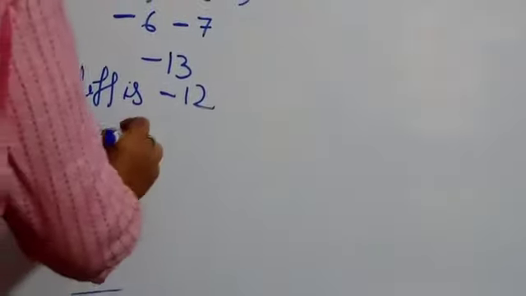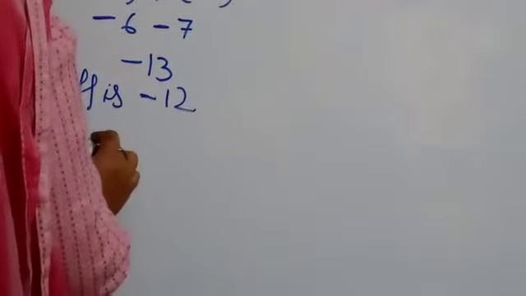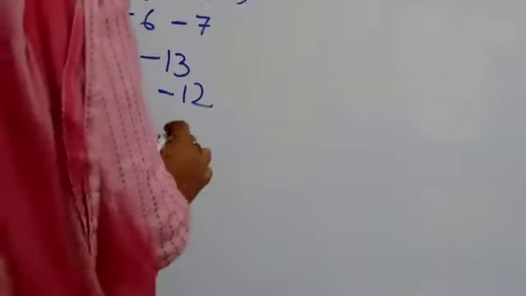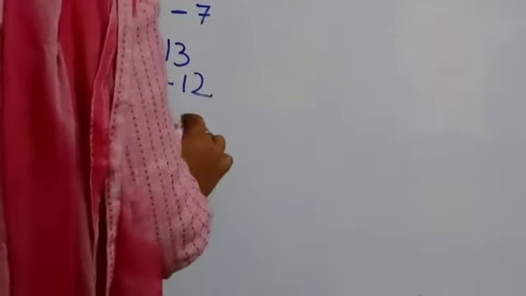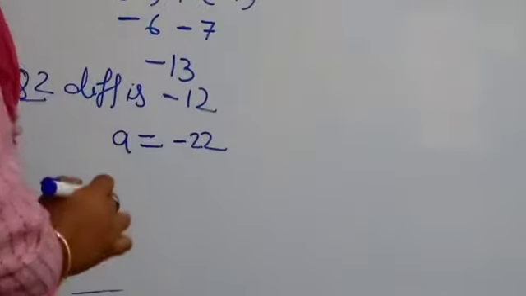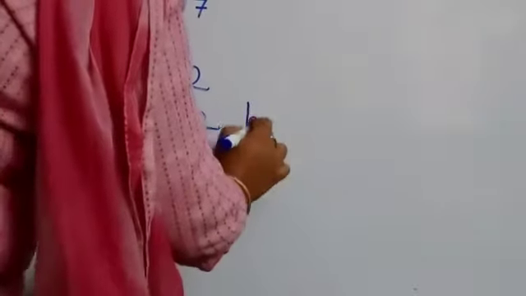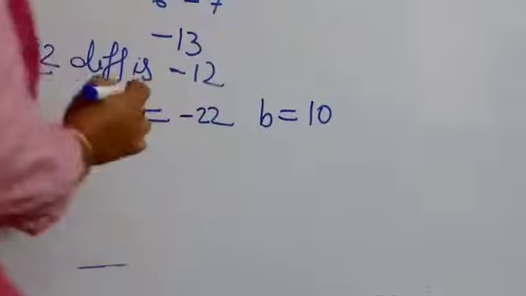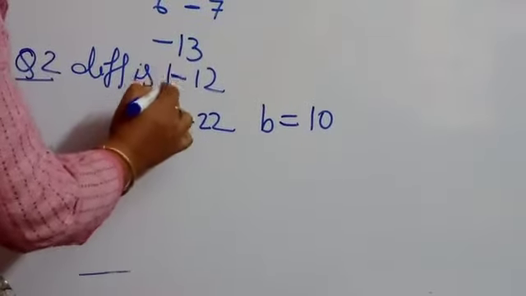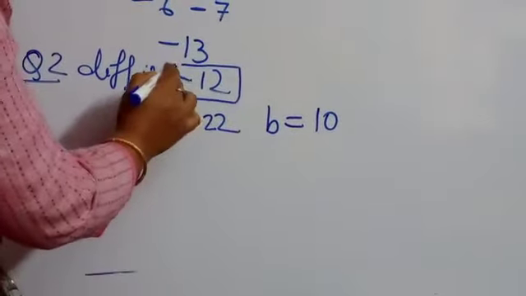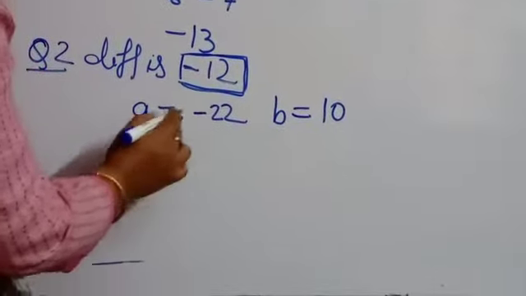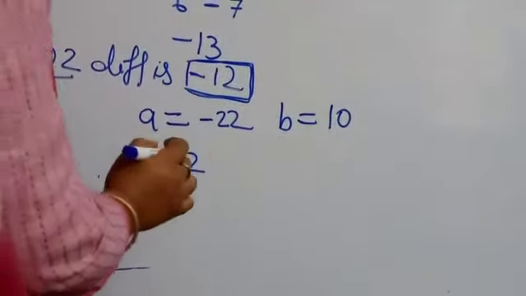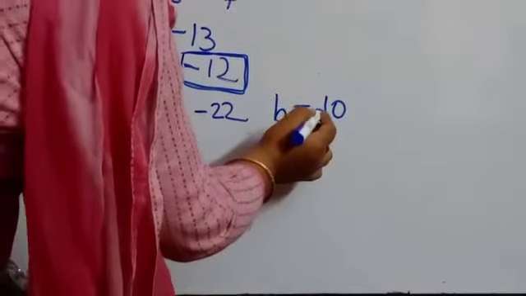If I take A equal to, suppose, minus 22 and B equal to 10. We have to take the difference and the answer should come minus 12. Just try to think over it. Okay, minus 22 and the second one also you have to take minus 10.